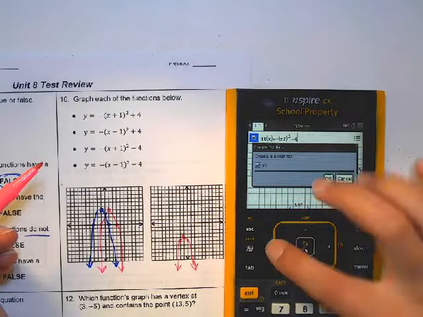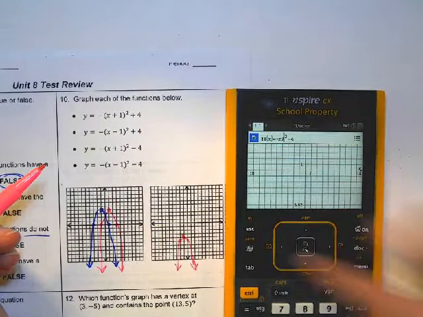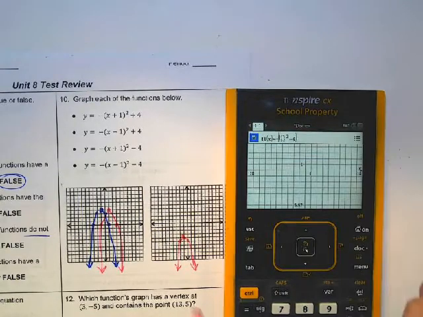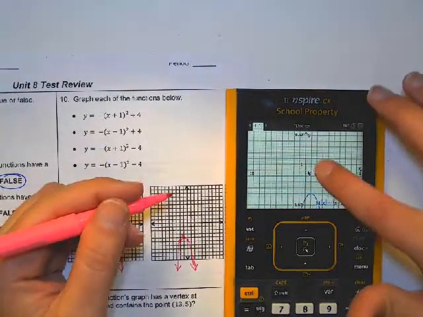Oops. I screwed this one all up. X minus 1, parentheses. And 1, 1, 2, 3, 4.